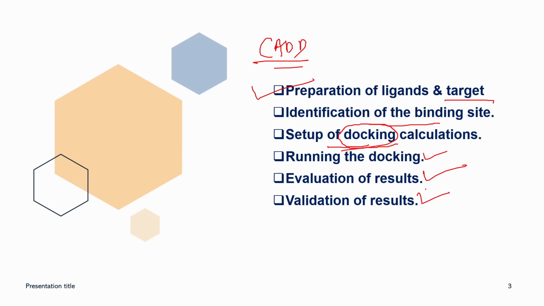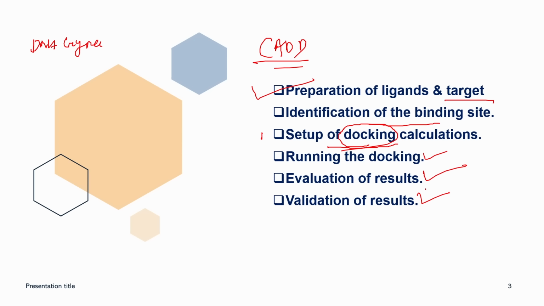So first we have to prepare our ligand molecule. First we have to find out the target molecule, then go for the binding site. Let's take a very easy example: DNA gyrase.